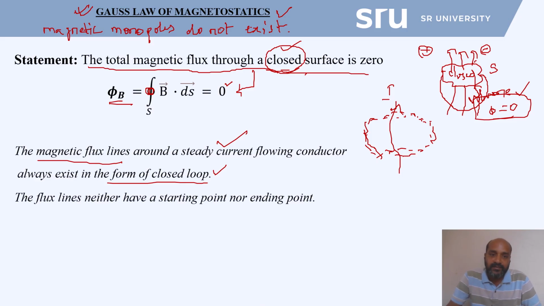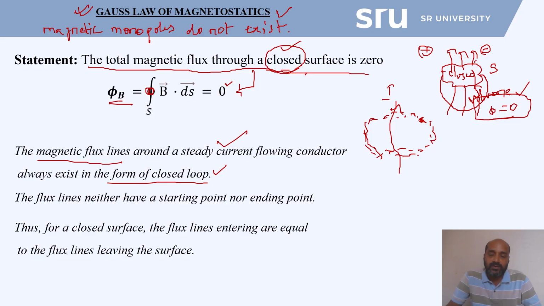So the magnetic field lines do not have any starting point or ending point. We cannot say this particular point is a starting point, or that point is an ending point.